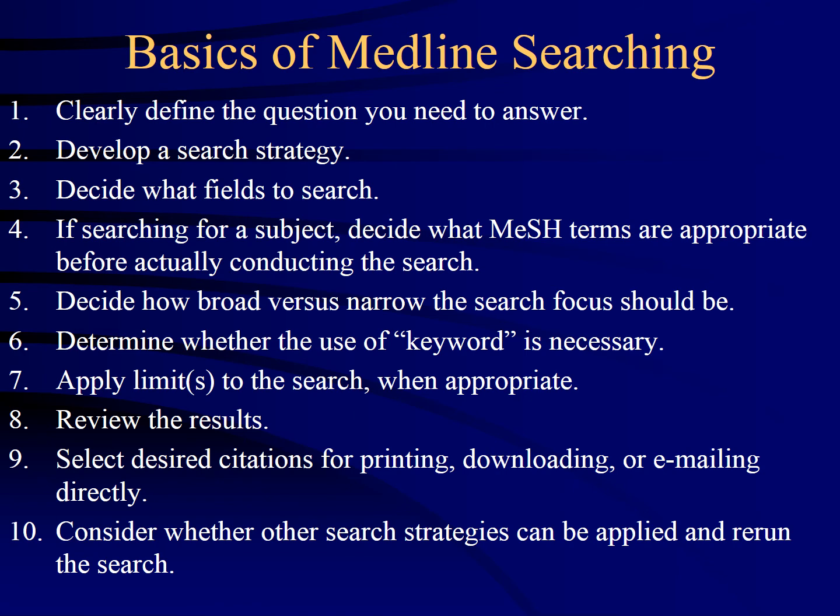Decide on the synonyms. Number 3, decide what fields you want to search. Do you want to search the title? Do you want to search the abstract? Do you just want to search the entire database with MeSH terms? Number 4, if searching for a subject, decide what MeSH terms are appropriate before actually conducting the search. You need to decide on your MeSH terms.